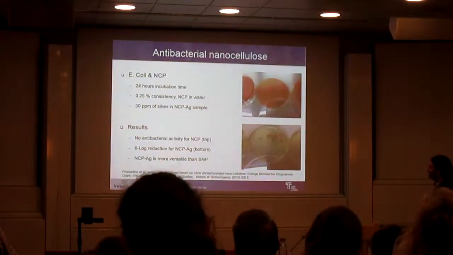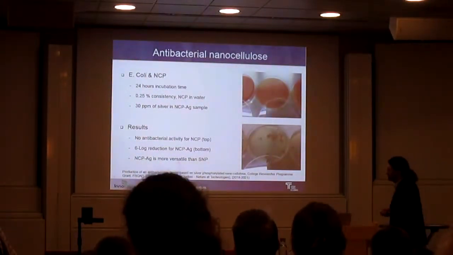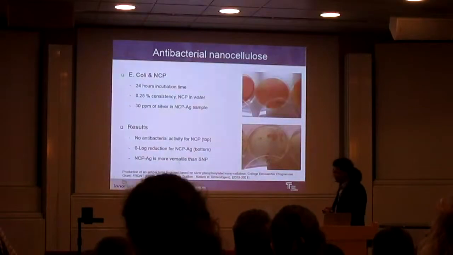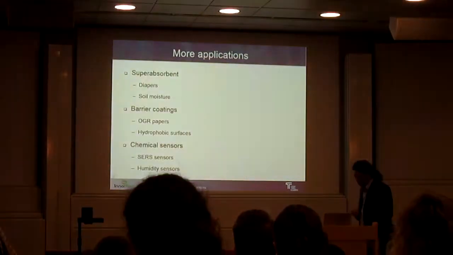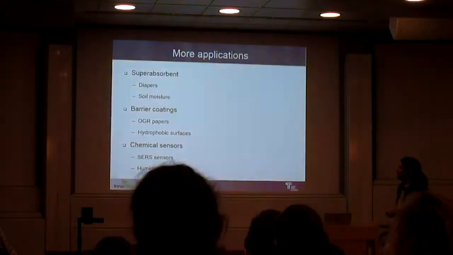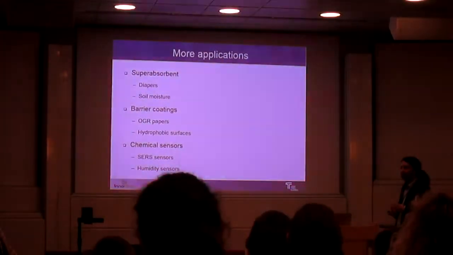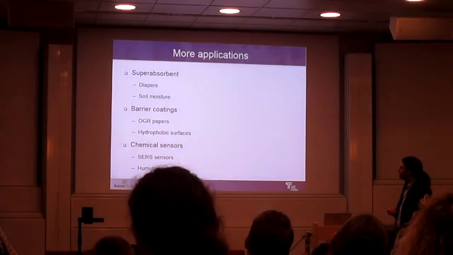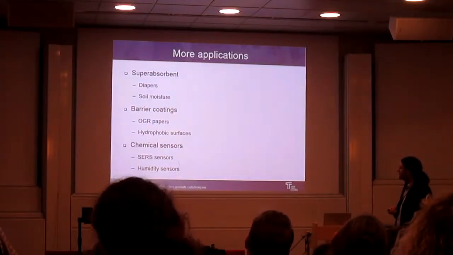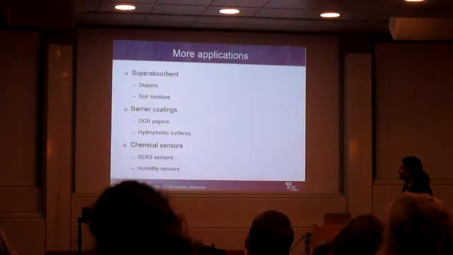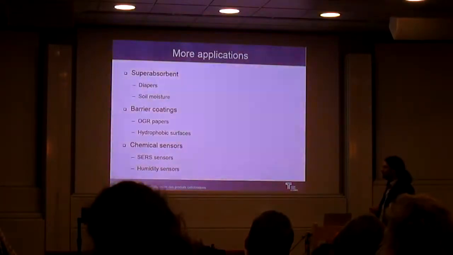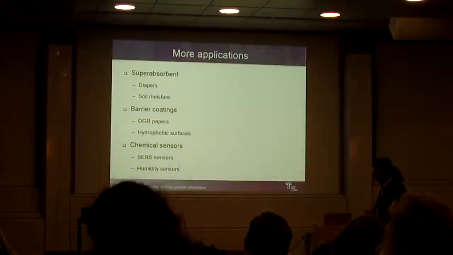But the advantage in our case is that this material is more versatile. We have more applications. We can include these materials in diapers, in soil moisture for drought areas, as barrier coatings for OGR papers, hydrophobic surfaces, and chemical sensors like cells and humidity capture.